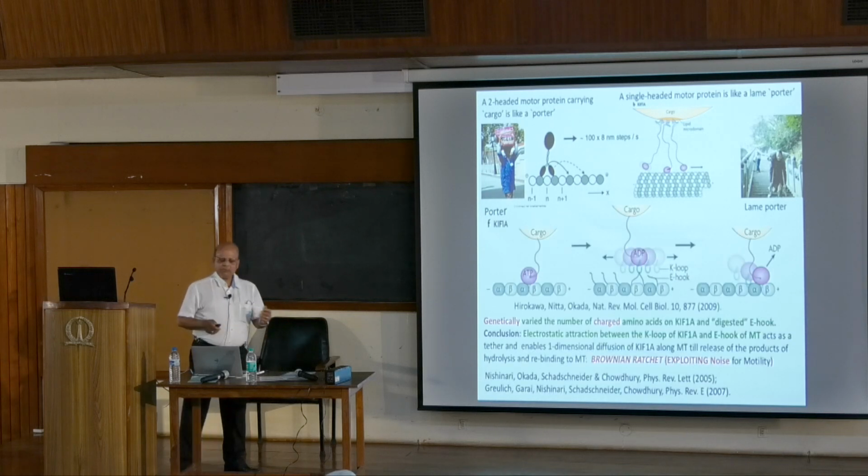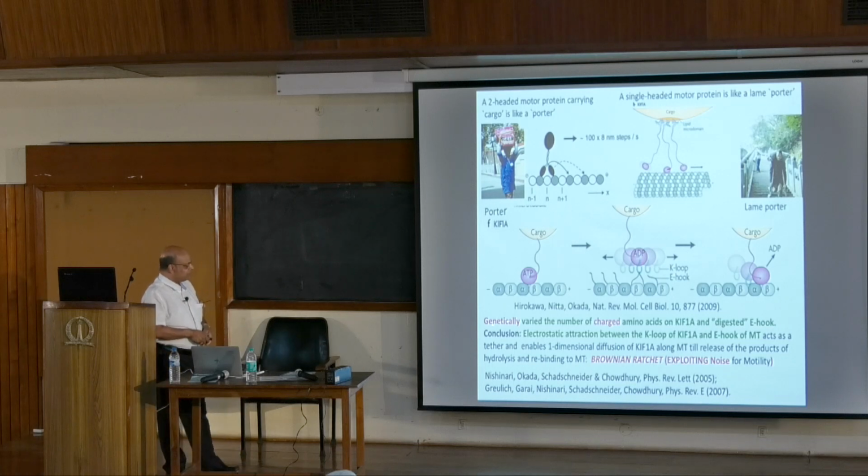So this problem we studied, and what was done by our experimental collaborators is that genetically they varied the number of charged amino acids on this motor, KIF1A, and digested the E-hook. The E-hook is just one part of the track. Digested means they could cut it.